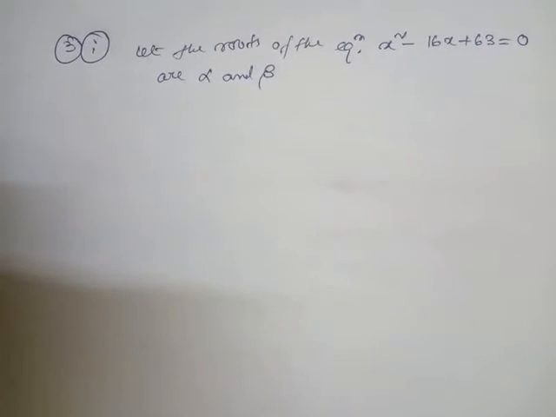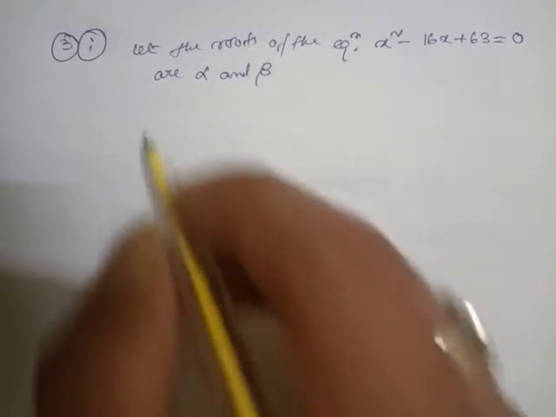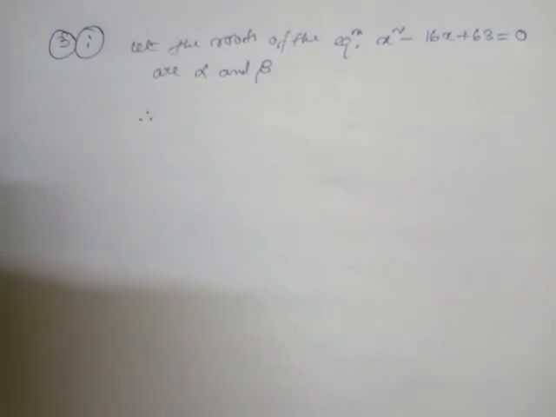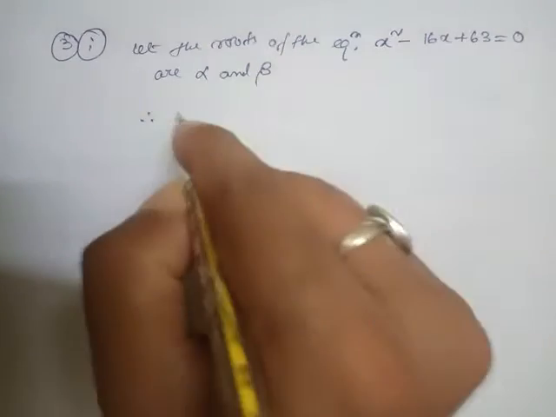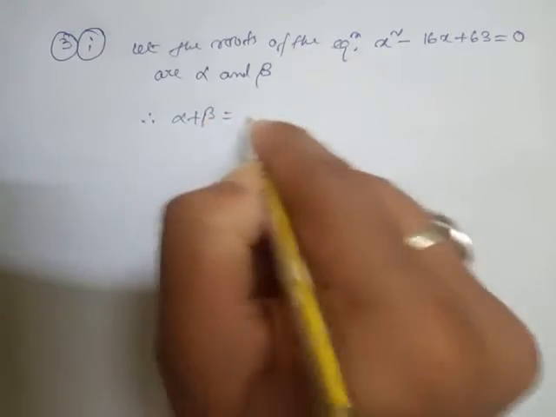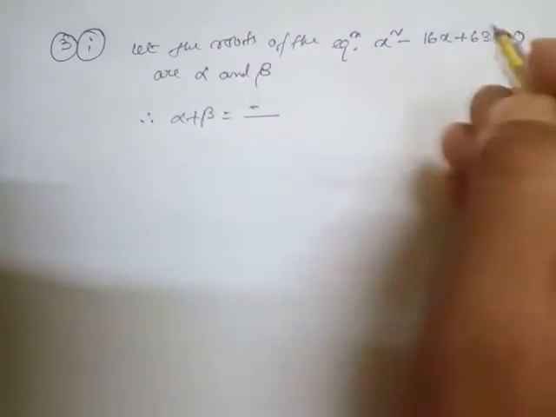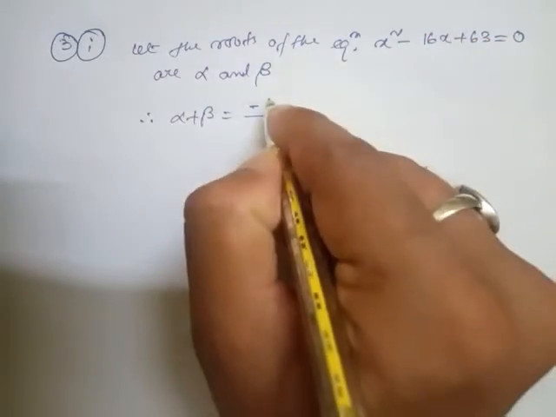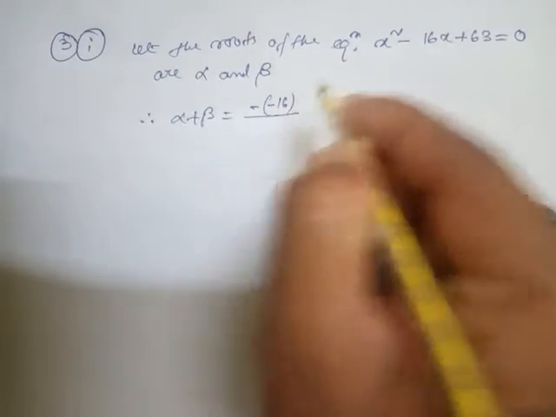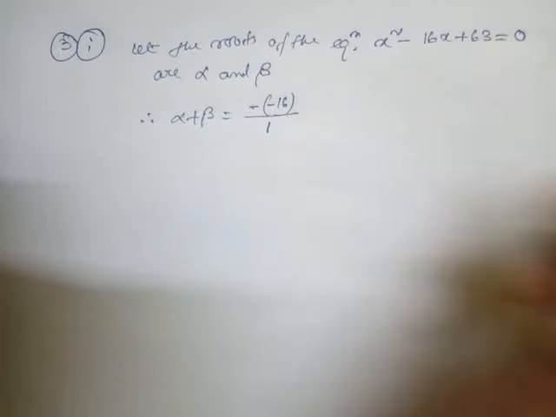Now look, student, alpha plus beta, which means the sum of the roots. Alpha plus beta equal to minus b by a. The value of minus b is minus 16, minus b by a is 1 here.